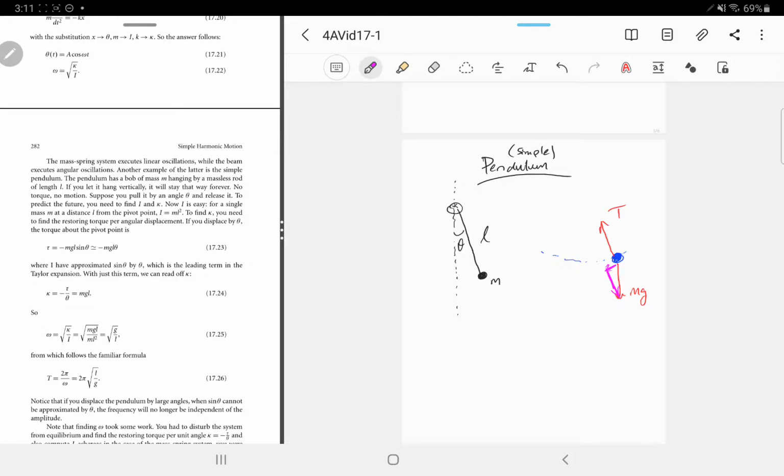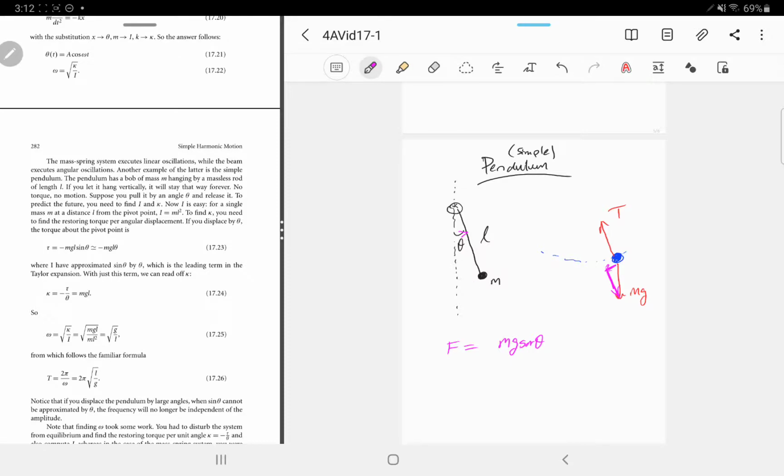So tension is just canceling one of those components of gravity, but the mg sine theta is not canceled by the tension. So what I'm trying to say here is that the net force on the pendulum is mg sine theta. And this is the force on the bob. And now, the way I've introduced theta, this is the direction of increasing theta.